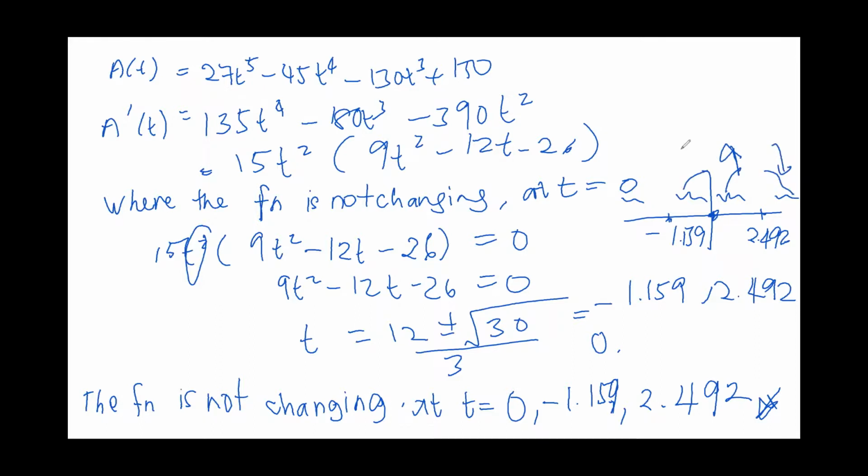How to do that is put the value on the derivative. Okay, if it is positive, it is increasing. If it is negative, it is decreasing. So let's find out where the function is increasing and where the function is decreasing.